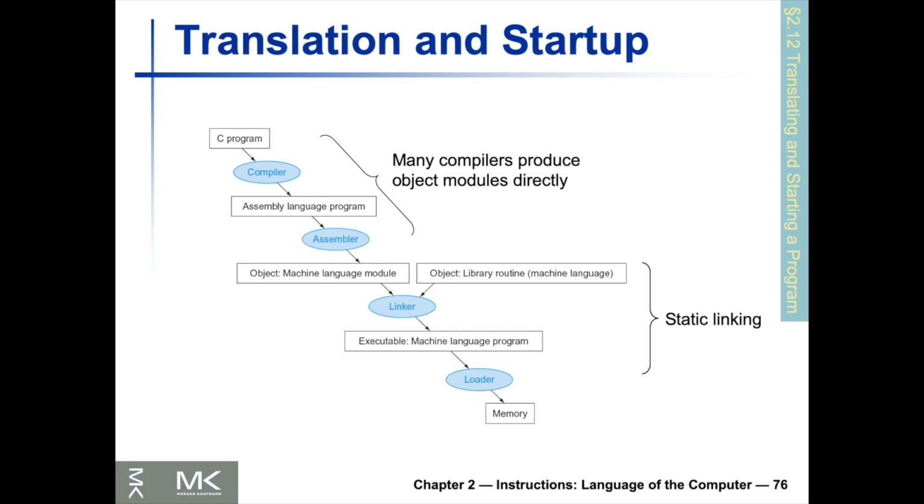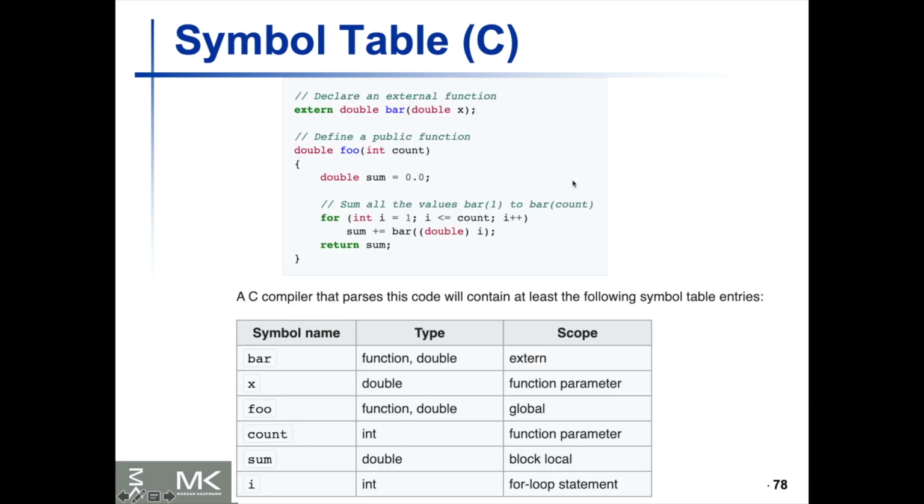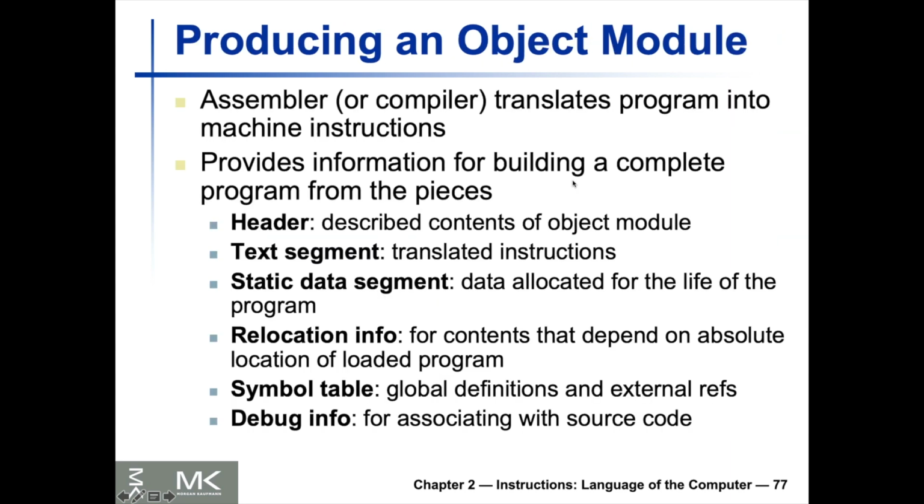Let's see, we've already passed the assembly one, and we are up to the point that we are having an object module, right? So an assembler, which was inside a compiler, translates the program into machine instructions, the one that you just saw for Intel x86.